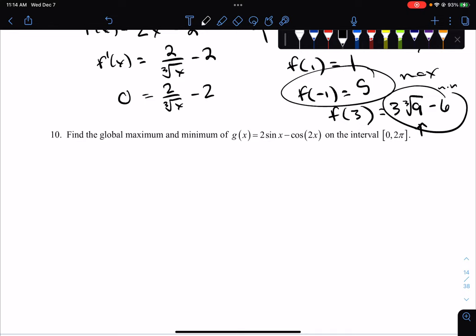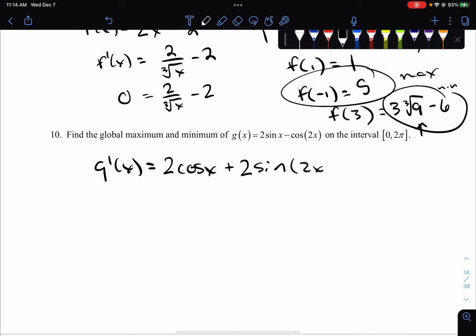Find the global max and min. So I'm going to take my g prime of x, and that's going to equal 2 cosine of x plus 2 sine of 2x, and I'm going from 0 to 2 pi.